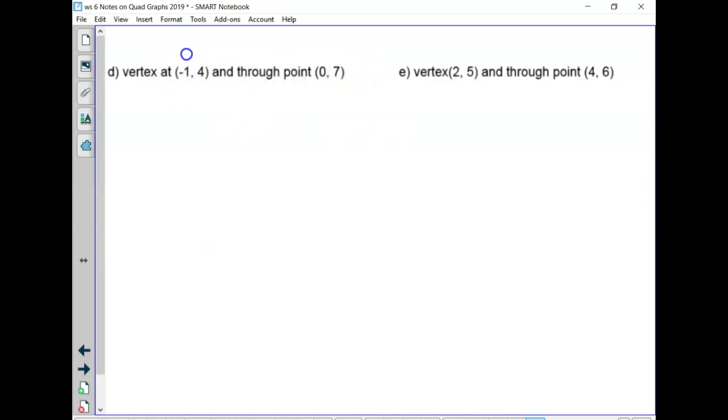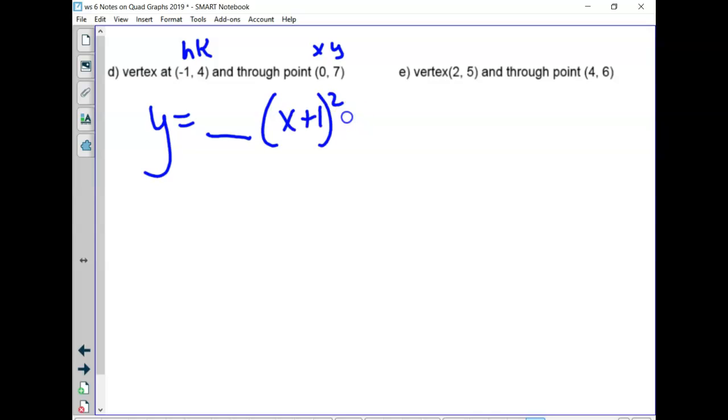D? Okay, so this is H and K, and then we're going to put these in for X and Y in a minute. But let's start with y equals A. Then it's going to be what? X plus 1, good. Squared plus 4. Don't forget the squared. It's a huge mistake students make. Now I'm going to put in a 0 and a 7.